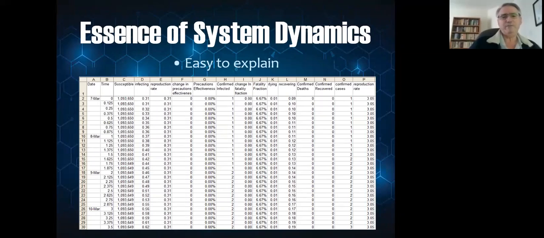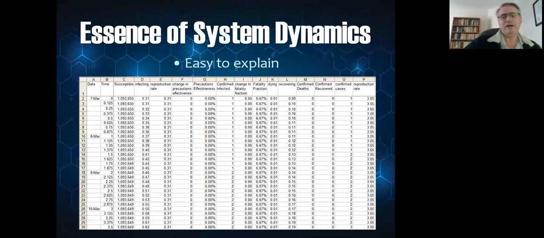And you can see my parameters of the model along the first row. These are the names of the various exogenous variables. And then the values are shown in the columns, and you have an idea of time moving downwards in the column, and you have a time step of 0.125 of a day, and each time step, the numbers are updated in the columns, and that shows the behavior over time.